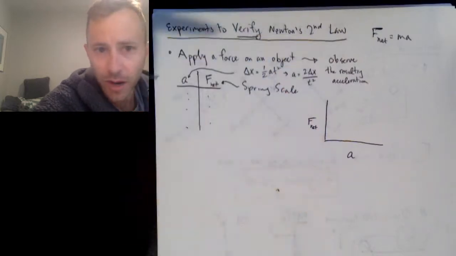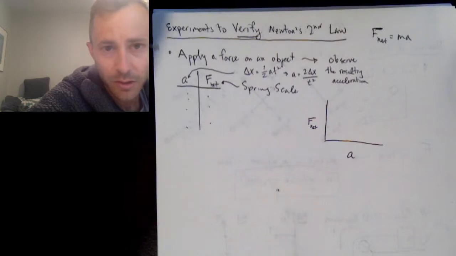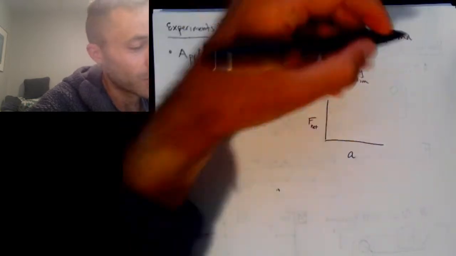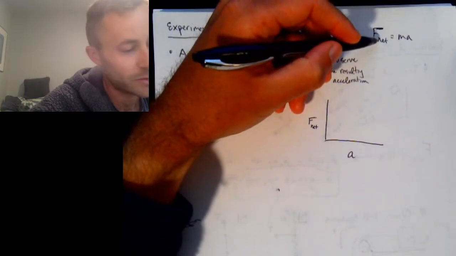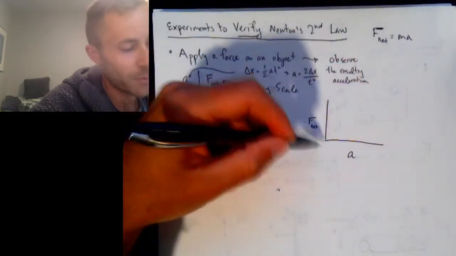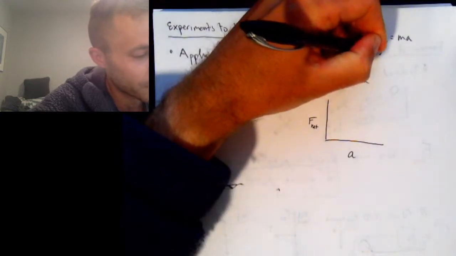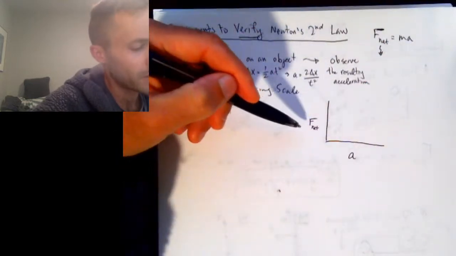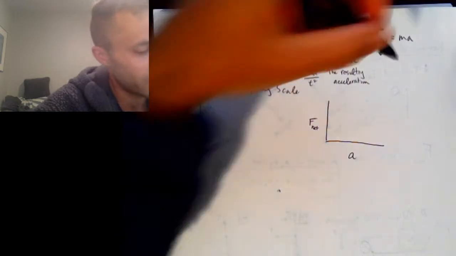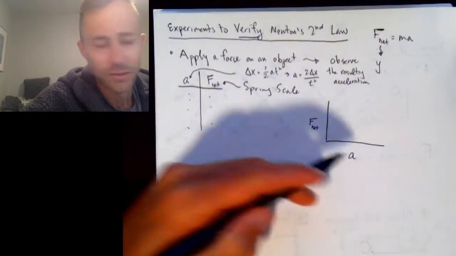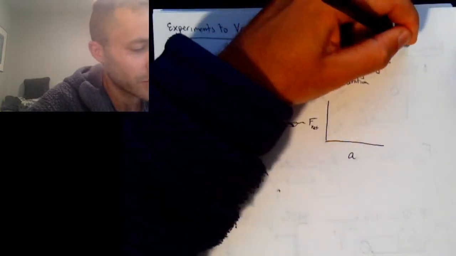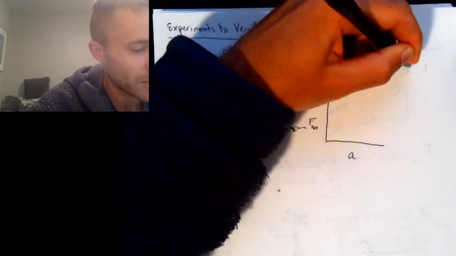What should this graph look like if Newton's second law is true? Well, Newton's second law is F equals ma. Net force is on the vertical axis, so the net force is acting like y, and acceleration is on the horizontal axis, so acceleration is acting like x.